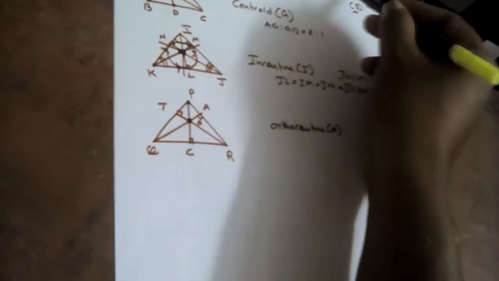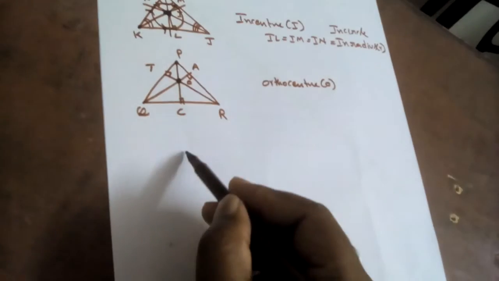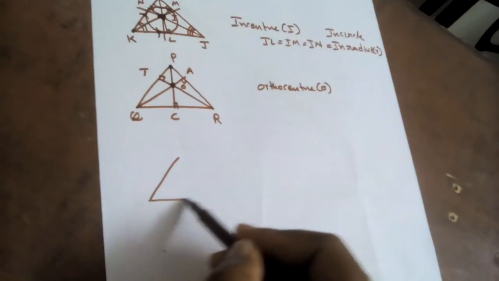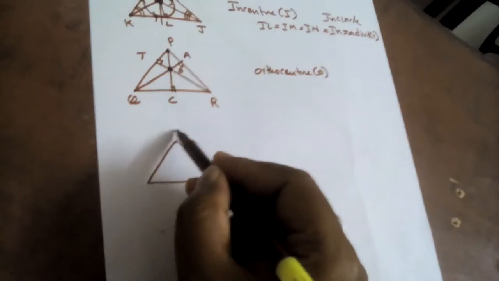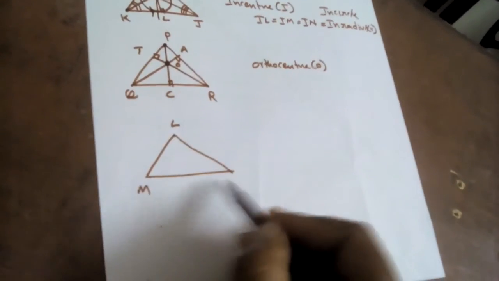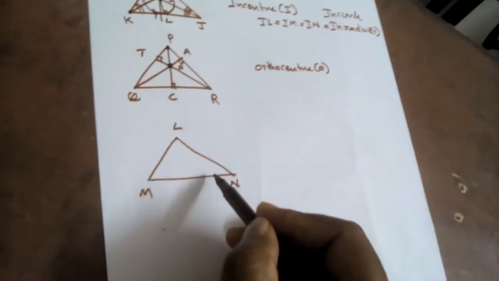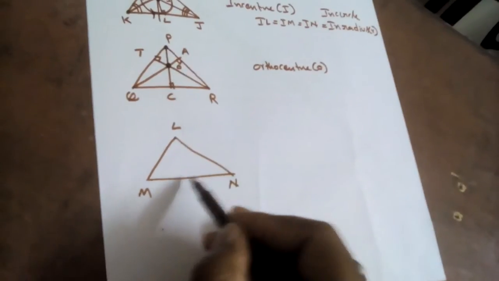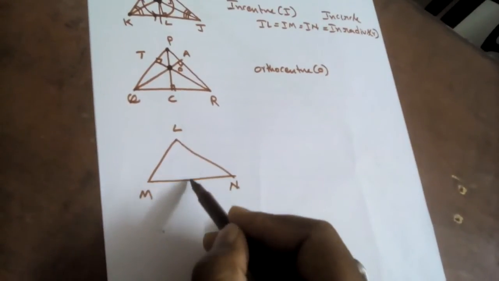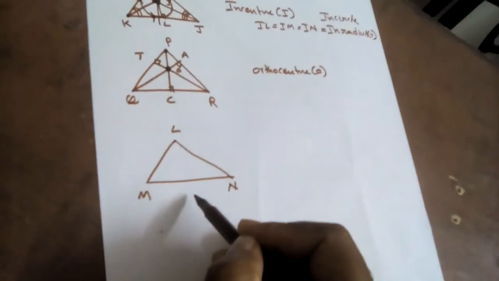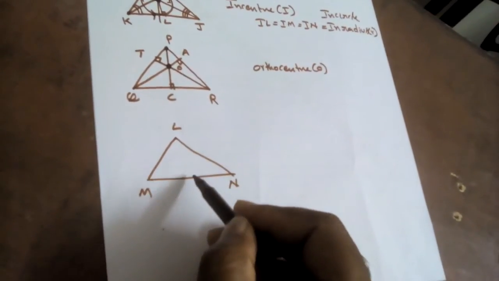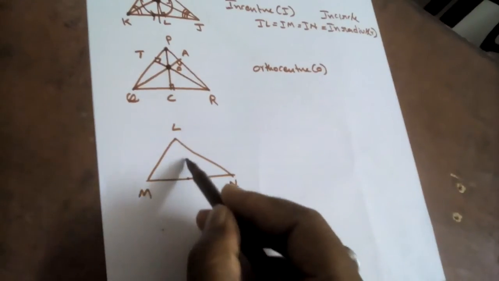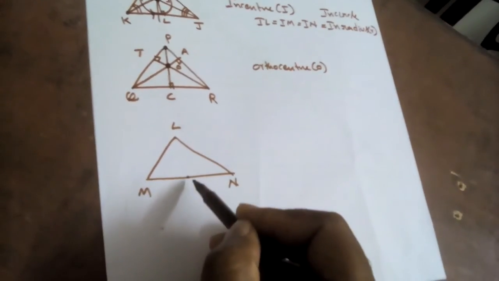Now the last, the circumcenter. To draw circumcenter we have to take a triangle LMN. Now for the sides we have to draw perpendicular bisectors. The perpendicular bisector means it bisects the side perpendicularly. With the help of compass we can draw, otherwise take a midpoint and draw a line perpendicularly.